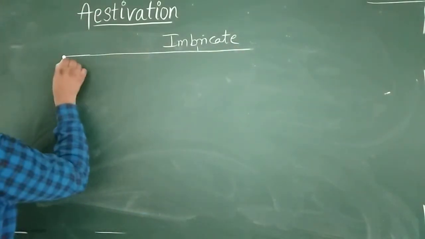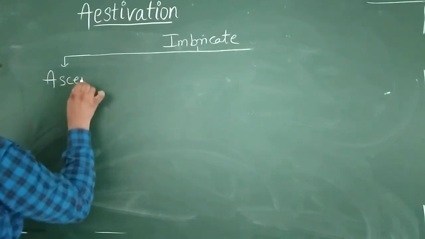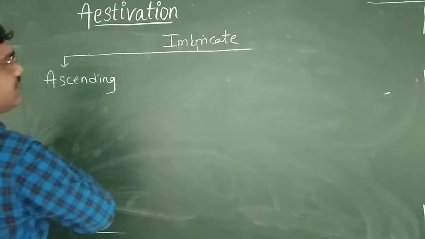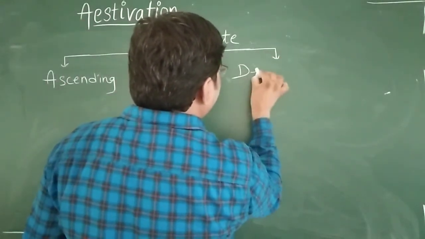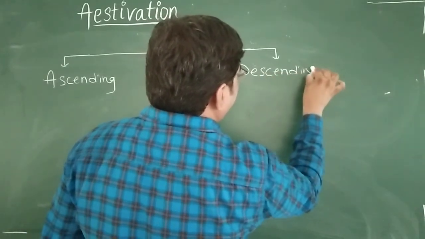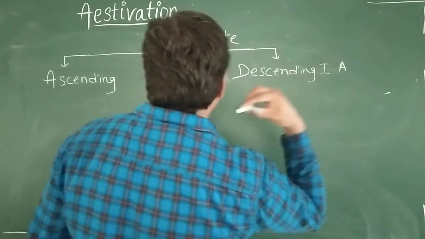The first one is ascending imbricate, and the second one is descending imbricate estivation.